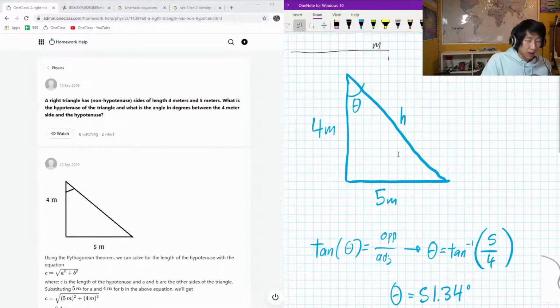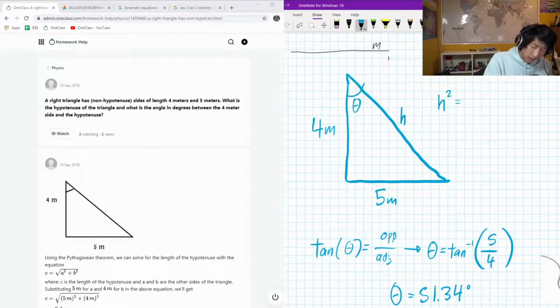Okay, and to find the hypotenuse, we've got to use Pythagoras' theorem. Pythagoras was a very smart guy in ancient Greece. He really liked his triangles. So h squared is going to be the sum of 4 squared plus 5 squared, so 16 plus 25 is 41.